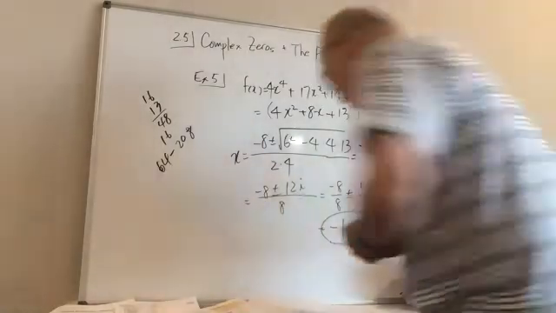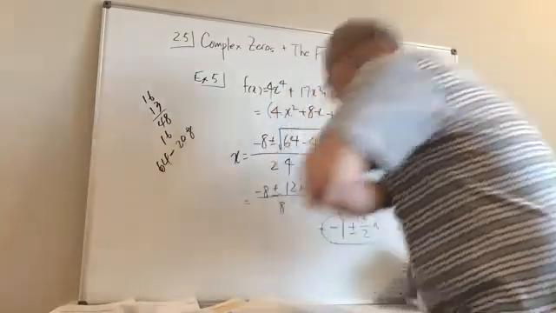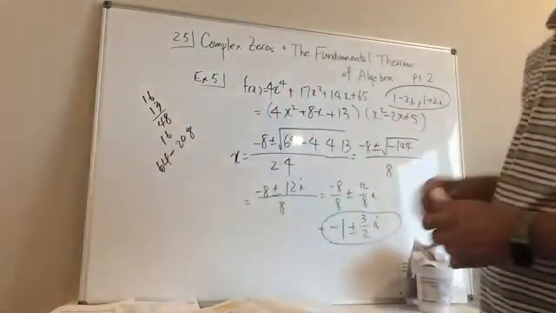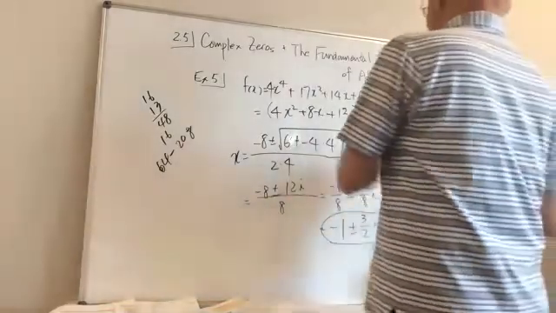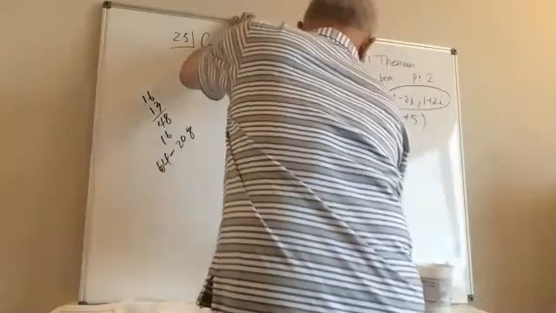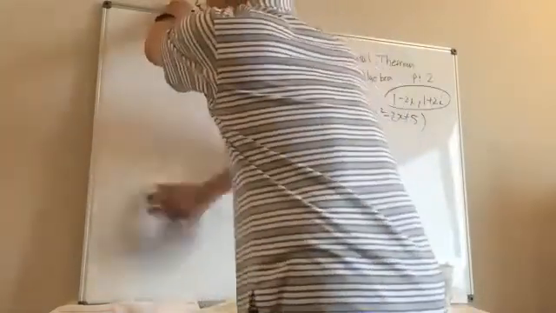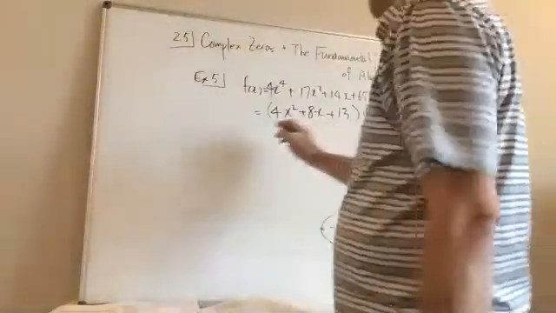Okay, and what the question asks for, it says, write it in its linear factorization form. So if I rewrite this in linear factorization form, I'm going to get what?